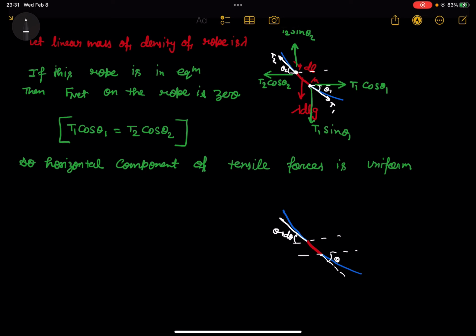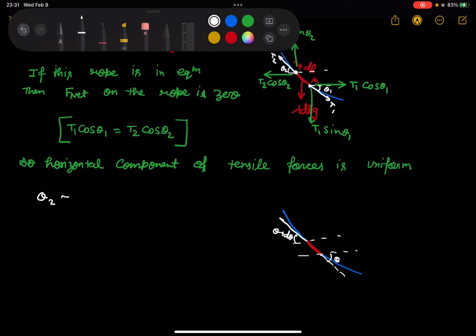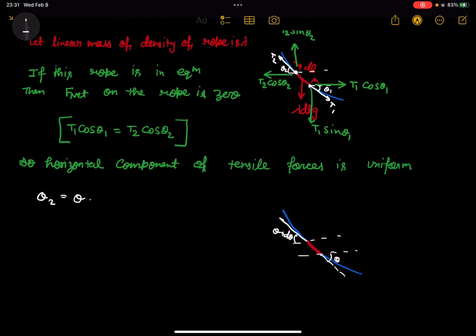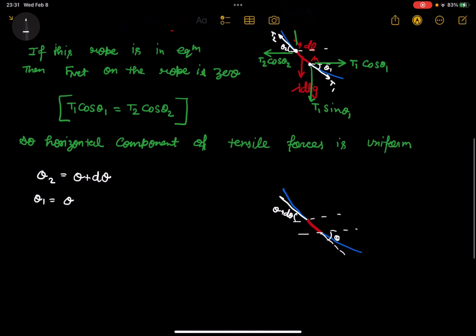So actually theta 2 is equal to theta plus d theta, some angle changes, and here theta 1 is theta. So again you can write T cos theta equal to T plus dT times cos of theta plus d theta.